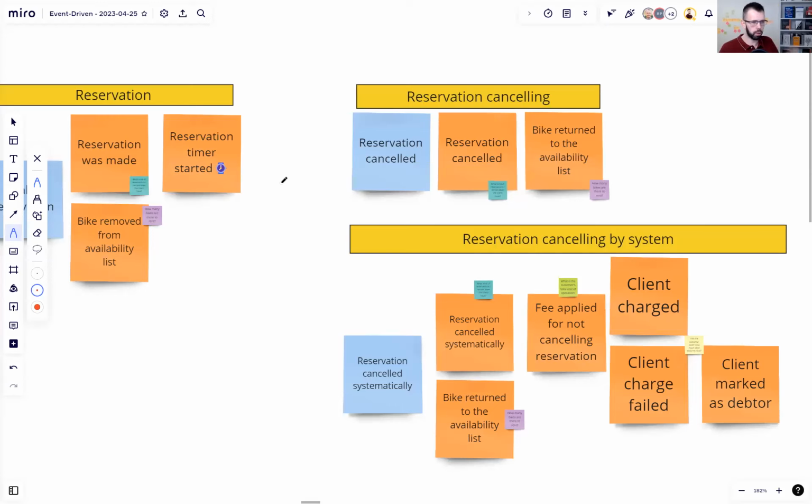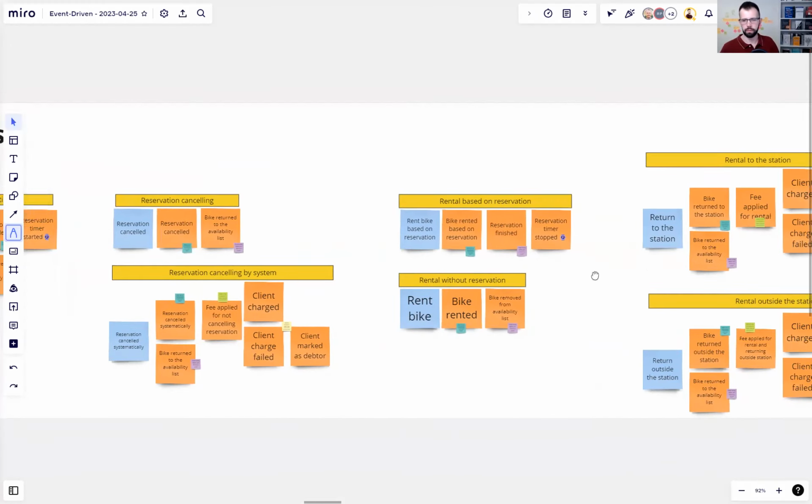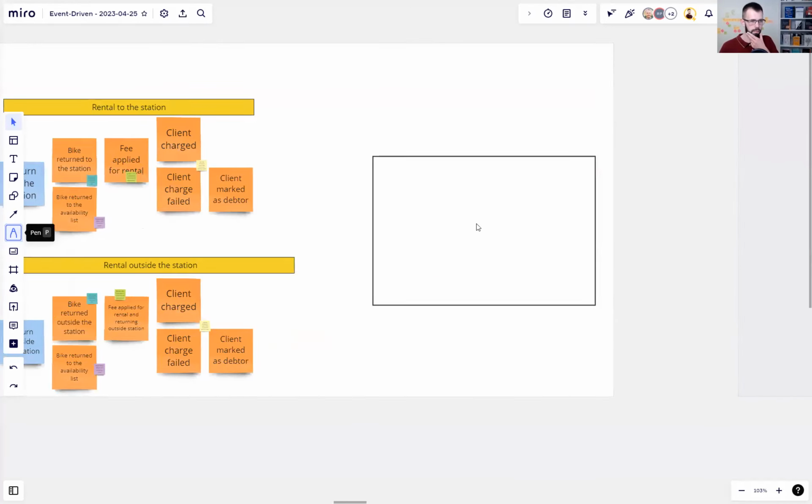Yeah, because it would be super difficult to maintain this kind of system. So in the best case, we should have all the events from a single question inside the single module. Yeah, I really like it.